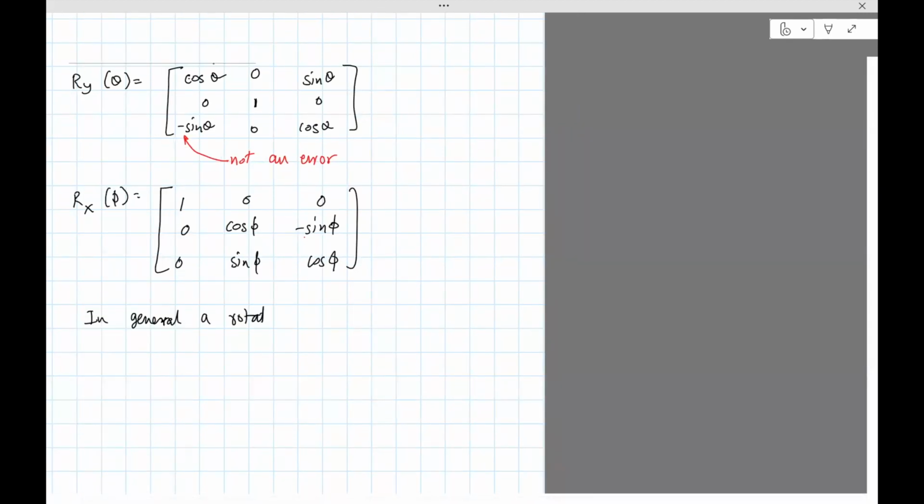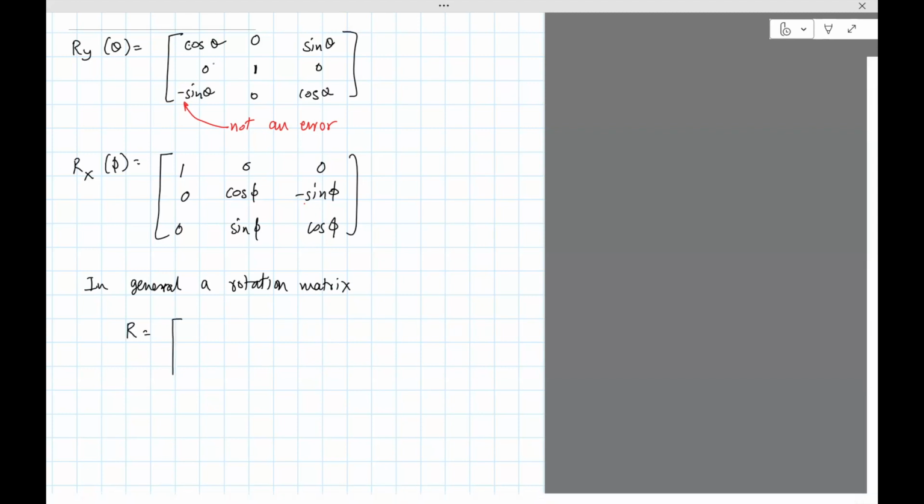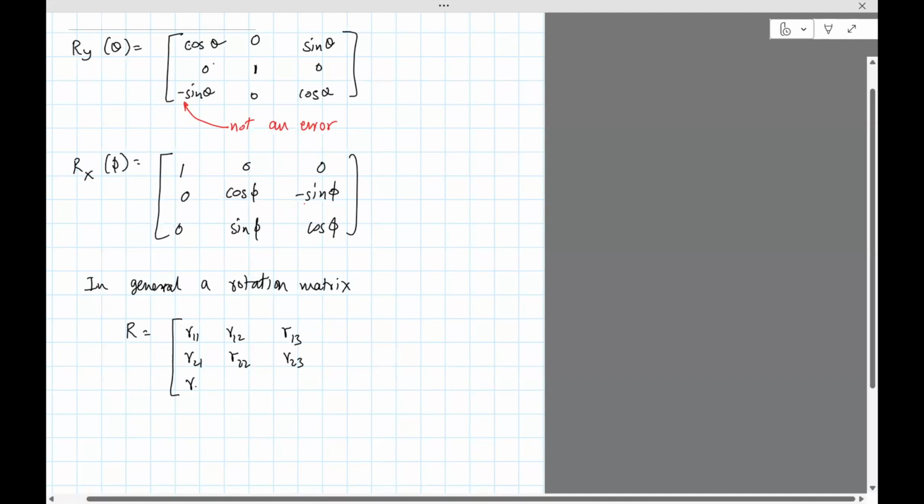Rotation matrix. Now this is just rotation about one axis, but what if you had two rotations or three rotations about three axes? So in general, you can write a rotation matrix as R11, R12, R13, R21, R22, R23, R31, R32, R33.